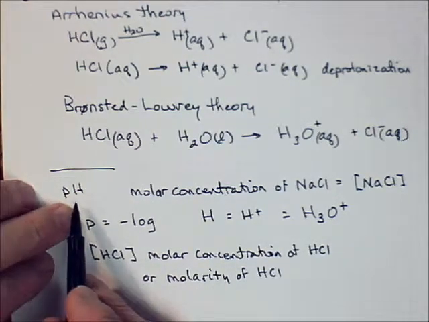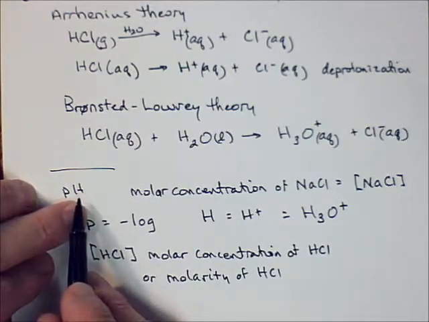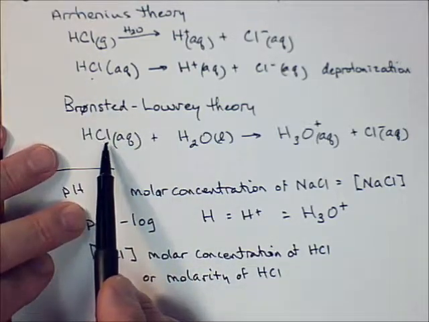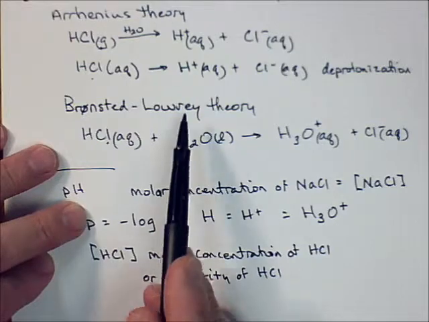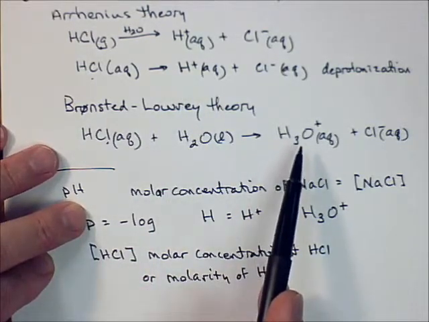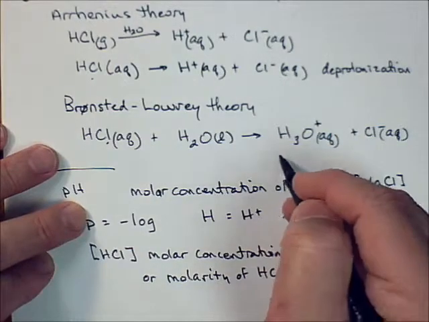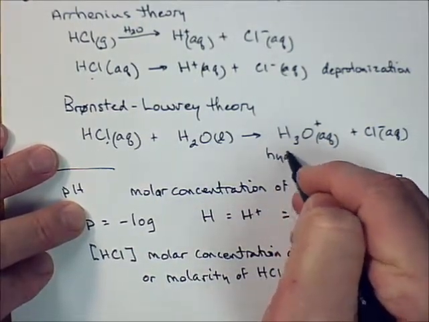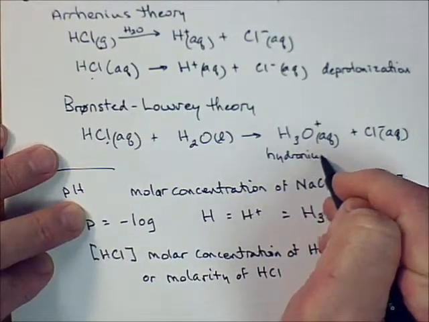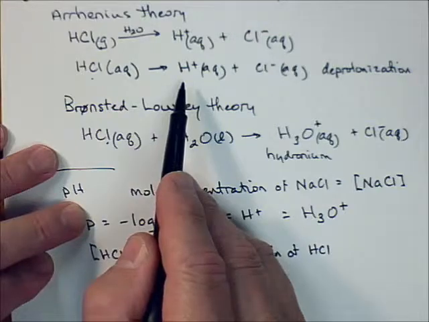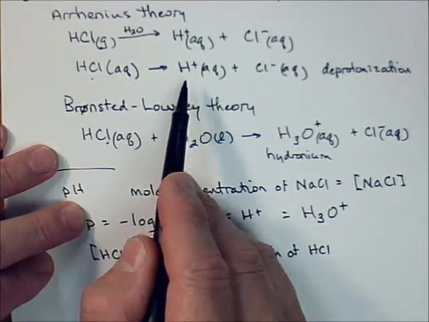Now remember, the pH isn't so much concerned about the concentration of the acid here or here. The pH is actually a measure of the hydrogen ion, or the concentration of this. By the way, this has a special name. We've learned it previously in an earlier unit. It's called hydronium. So this is called hydrogen ion or proton.